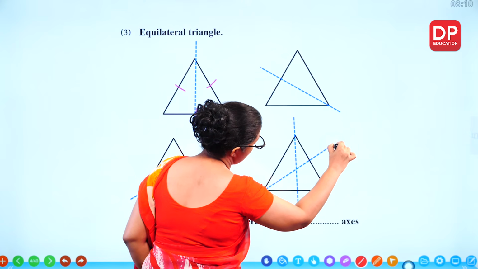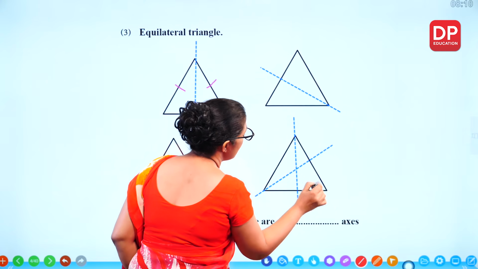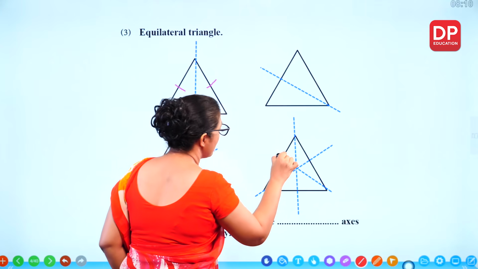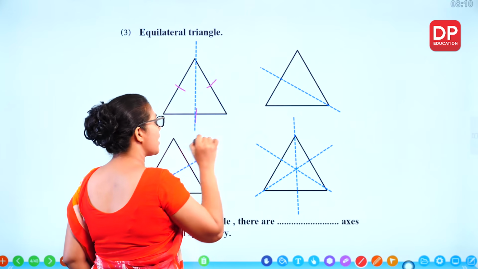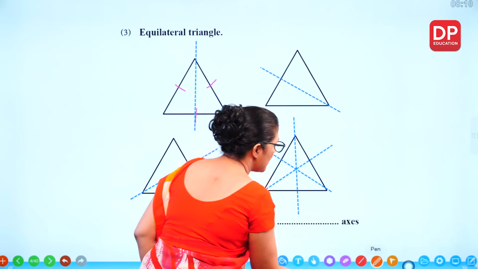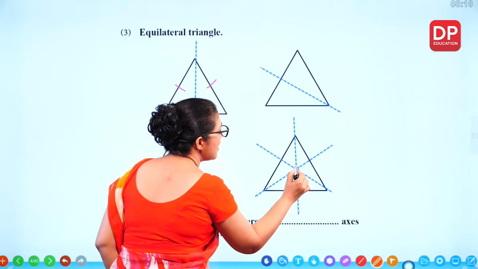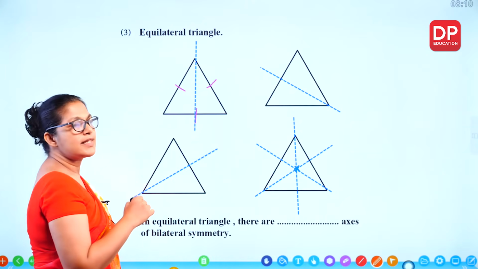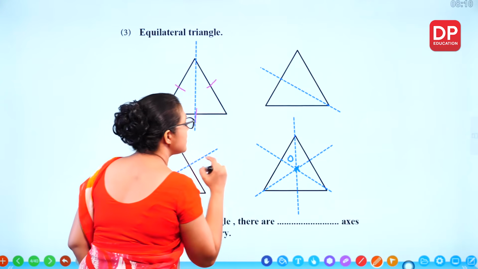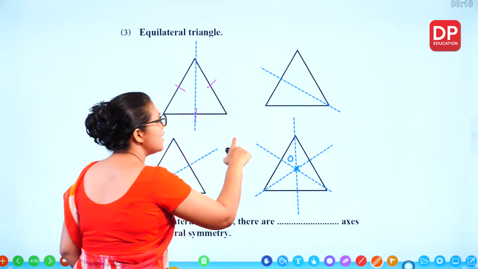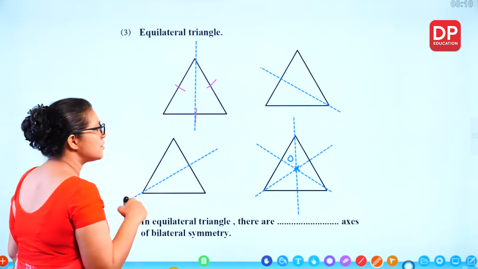This one and this one. When you draw it, what can you see? There's an intersecting point. So we'll take O as the intersecting point of the axes of symmetry.